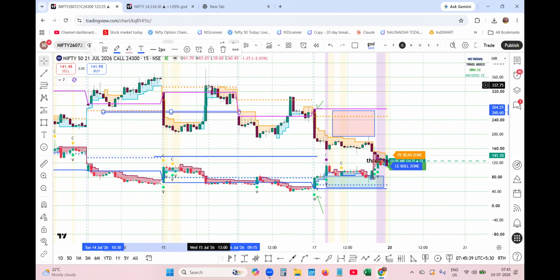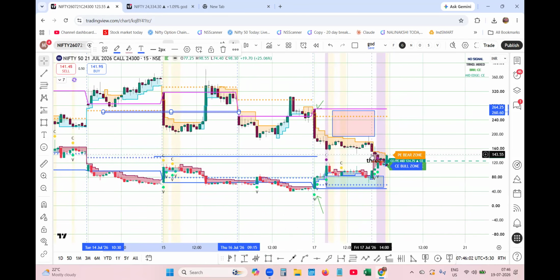The put option dominated on this day, on 15th, around 12:15. So visually, everything is clear, with the pivot lines, the compression background, and the deep compression with the violet background.